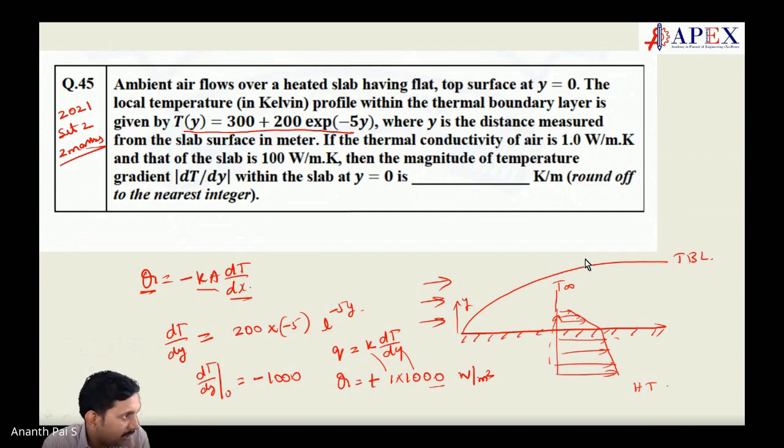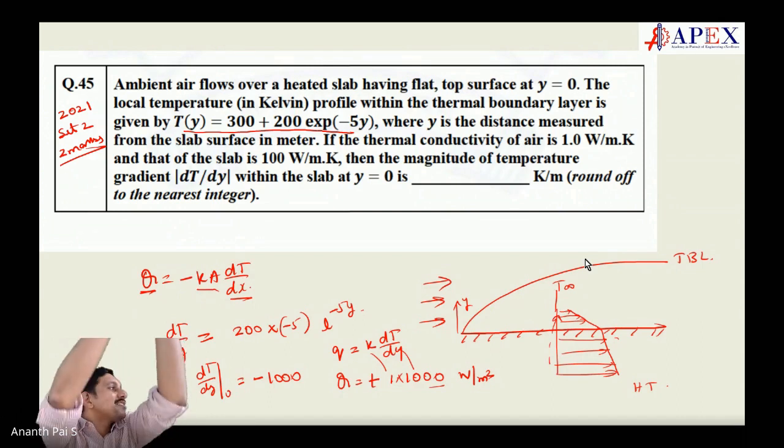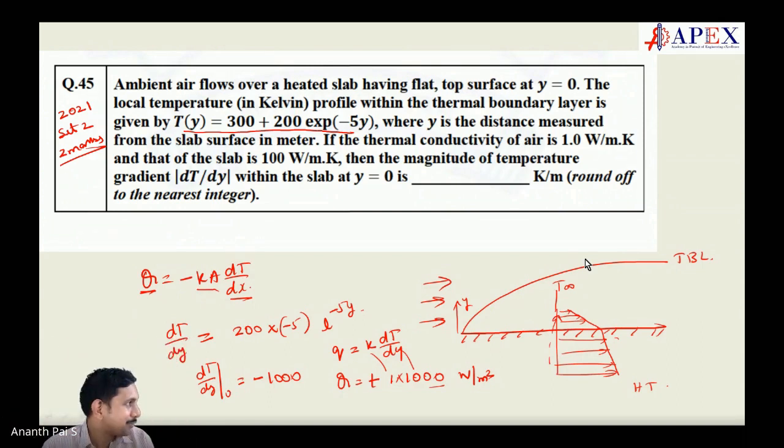The air is cooling. So where is the heat coming from? The slab. Where is it going to? The air. So it's the same heat transfer which is going from the slab to the air. So heat transfer in the air as well as in the slab is the same. Agreed? Right. Okay, I'll write it in another way.